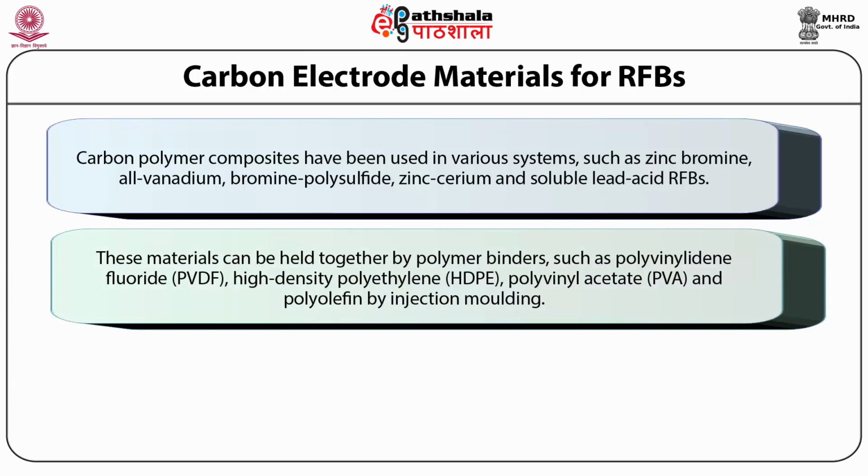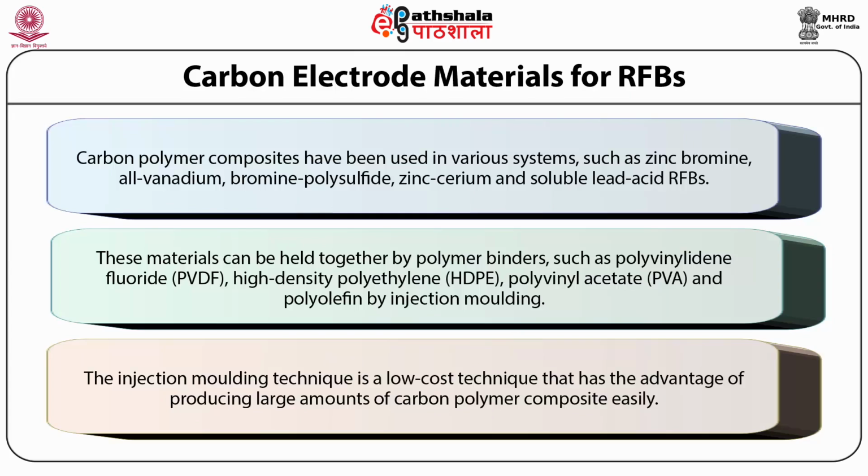These materials can be held together by polymer binders such as polyvinylidene fluoride or PVDF, high density polyethylene HDPE, polyvinyl acetate PVA, and polyolefin by injection molding. The injection molding technique is a low-cost technique that has the advantage of producing large amounts of carbon polymer composites easily.